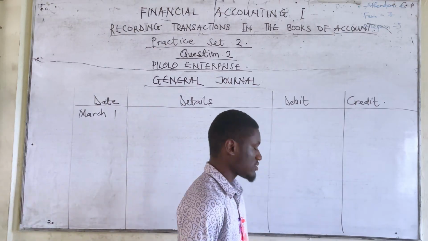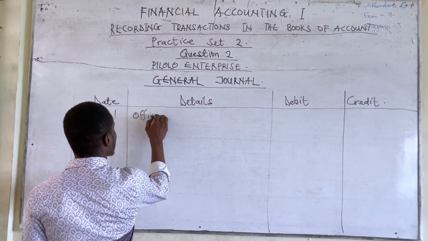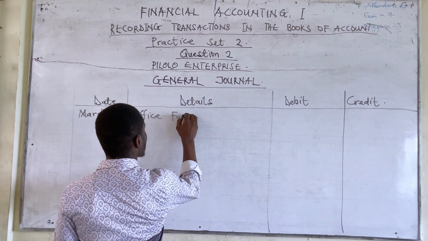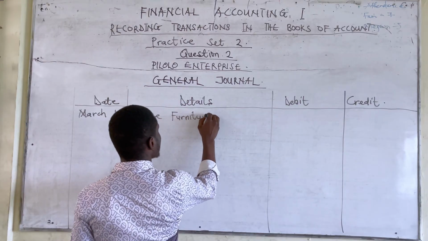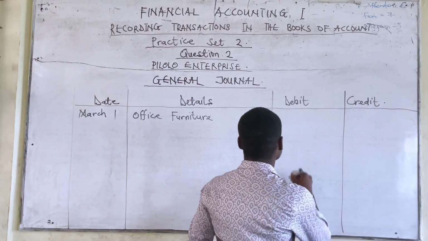They've given us office furniture. And we know that assets have debit balance, so we will put it here, 150,000.